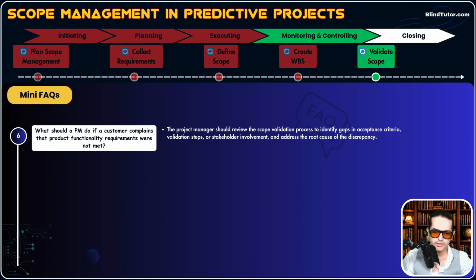So you check the scope baseline and see what the acceptance criteria are and what the specifications of this verified deliverable are. Do they meet? You do it personally first. So you check the scope baseline first. You check validation steps. Did we do the inspection right?